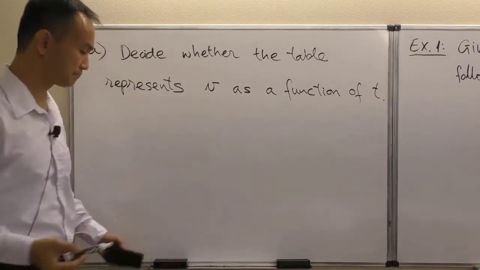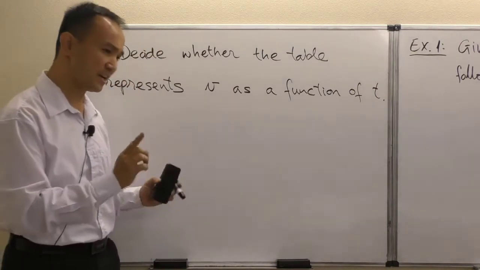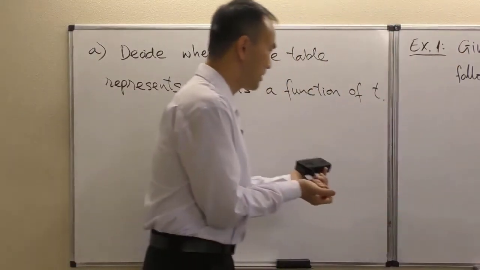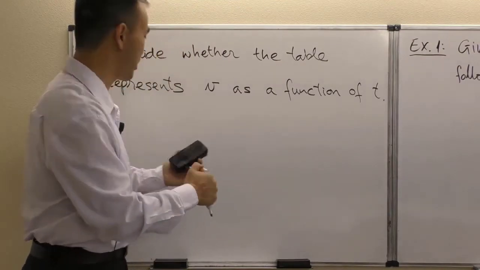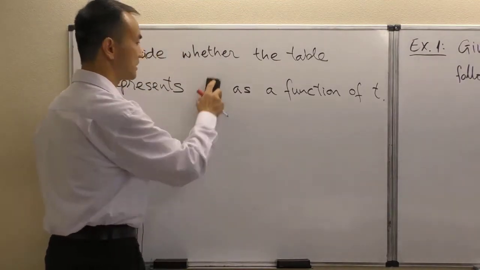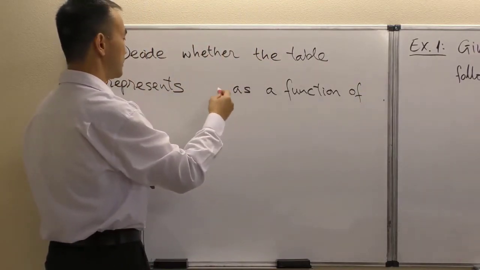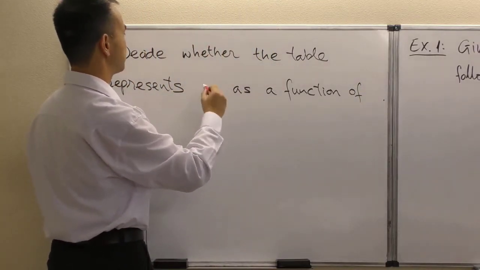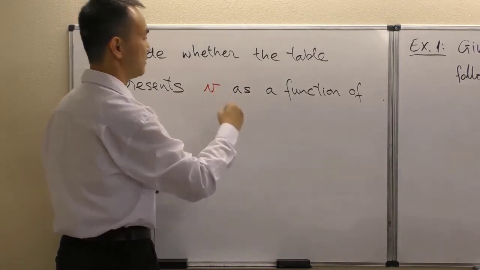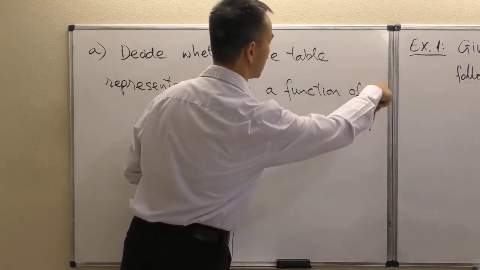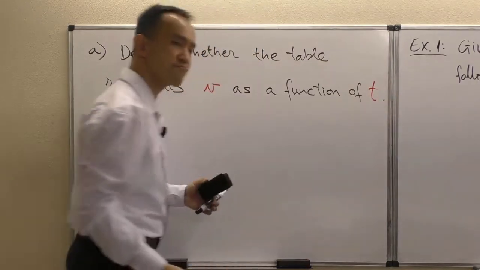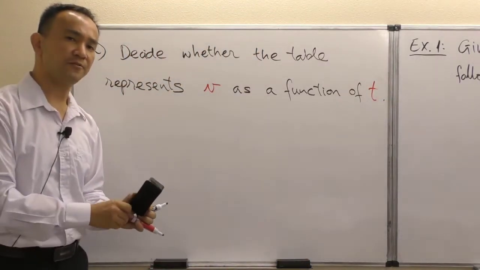We want to decide, and let me underline this with red ink, or maybe I can even erase and change it with red ink right here. I want to determine whether V can be regarded as a function of t. Okay, V as a function of t.